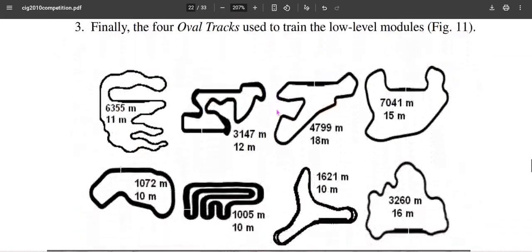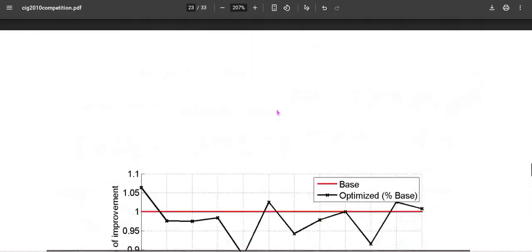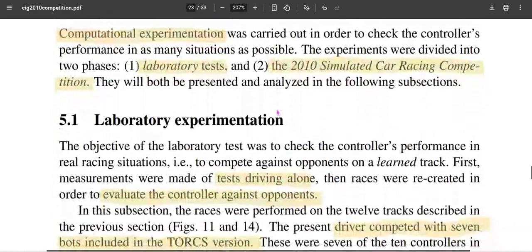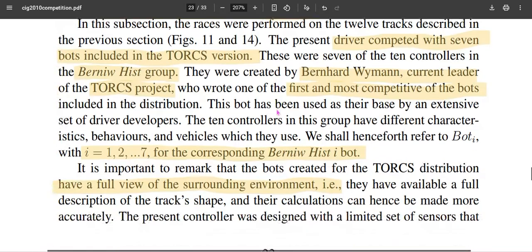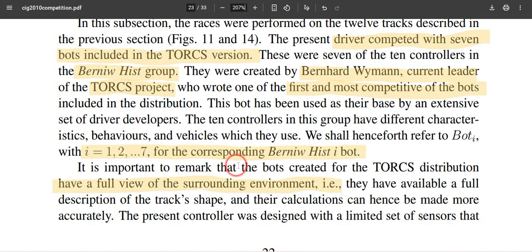The second level of comparison is in the same track conditions, laboratory conditions, where there are default models, bots 1 to 7 developed by Bernard Weyman, who developed the TORCS project.